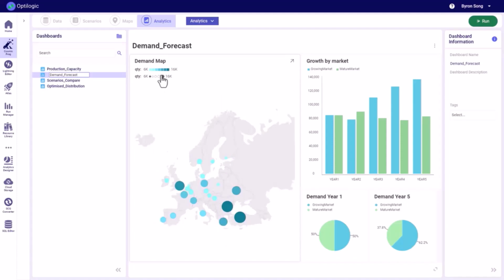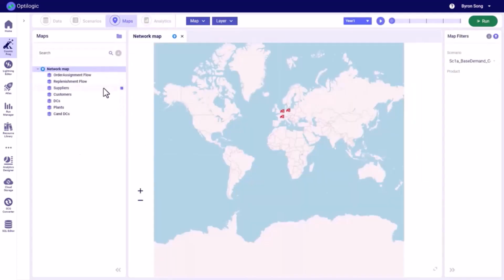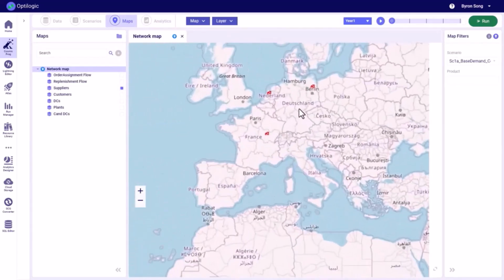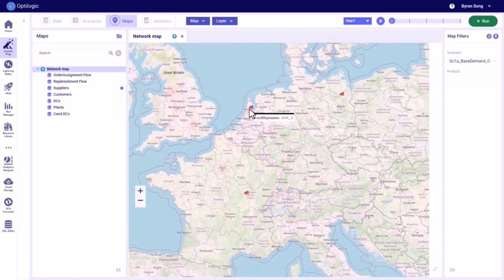Now let's have a look at the network map. Using Cosmic Frog, you can visualize the supply chain using different layers on the map. To start with, we're now showing the 3 suppliers in our supply chain. These are farms in Germany, France, and the Netherlands.